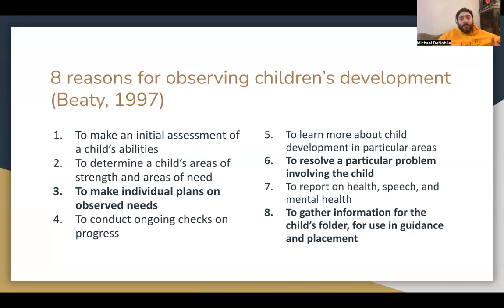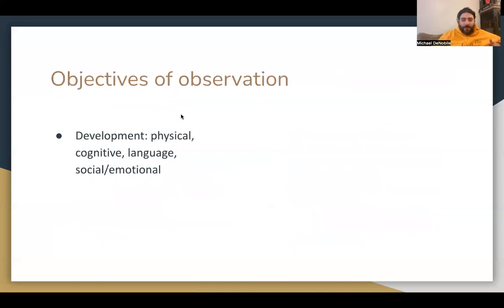And we can talk about that in a second in terms of the fact that observation is important regardless of the age of the students. It's more obvious in the early childhood grades, as we're going to look on the next slide, I believe.